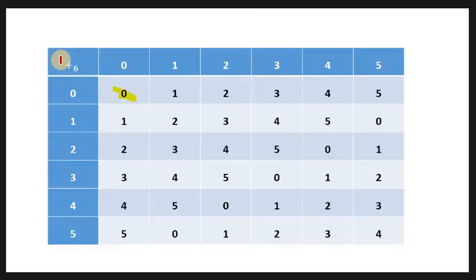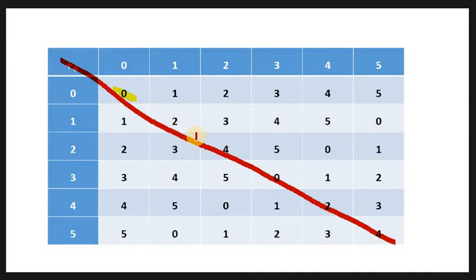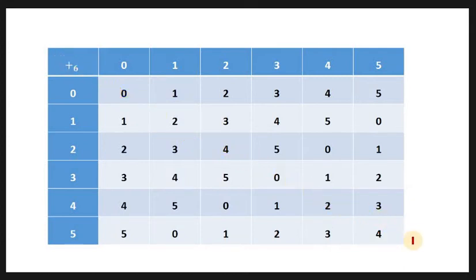In the composition table, this is the principal diagonal. Now, above the principal diagonal, we have the elements 0, 1, 3, 5, 1, 3. And below the principal diagonal, 0, 1, 3, 5, 1, 3. See, it is symmetrical about principal diagonal.